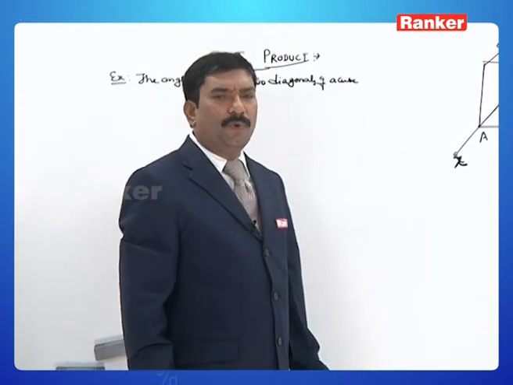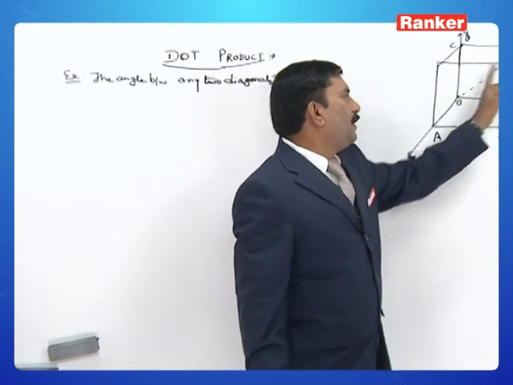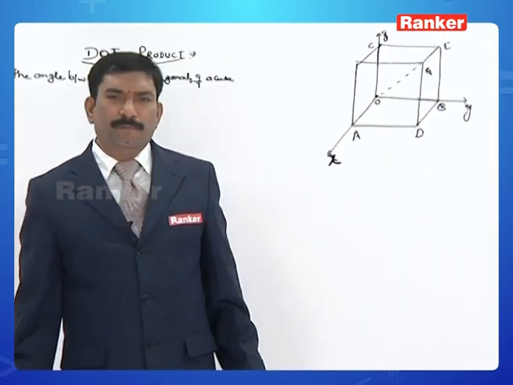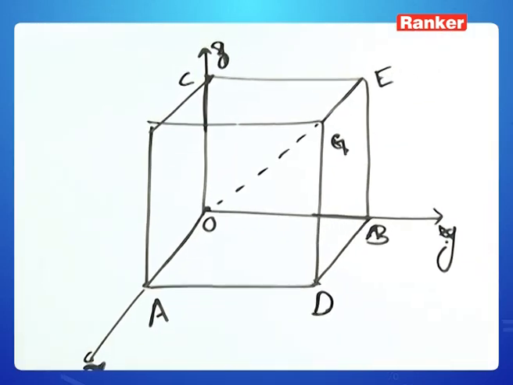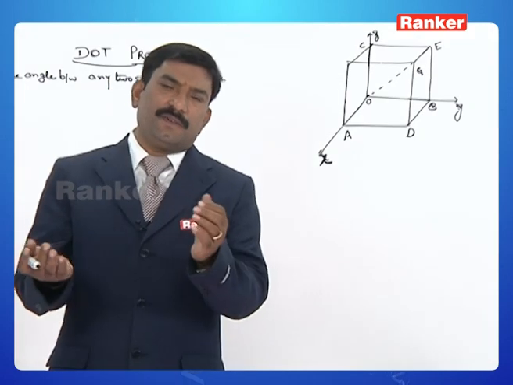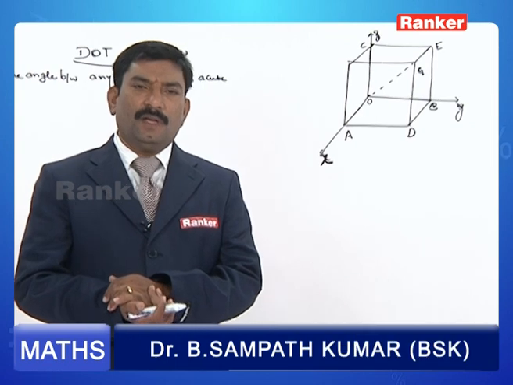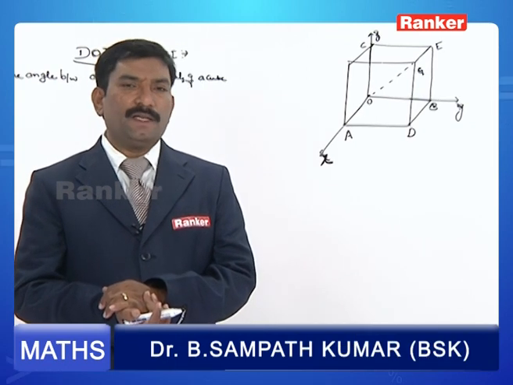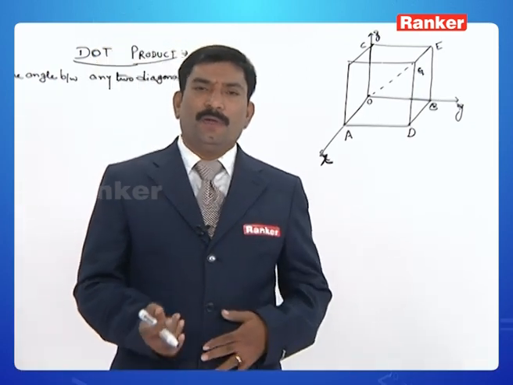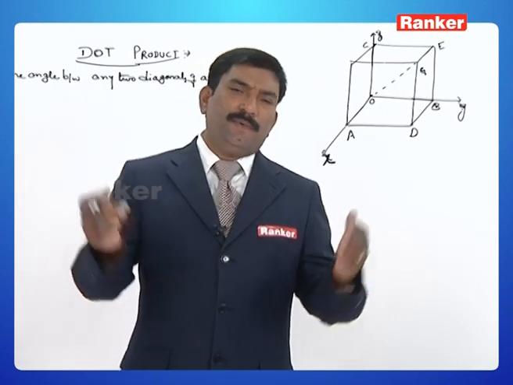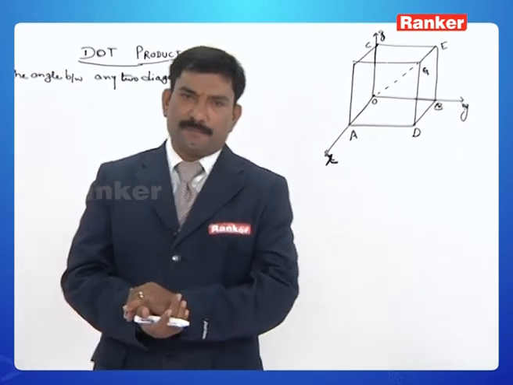Now I take one diagonal as AE and the other diagonal as OZ. Since a cube is a three-dimensional 3D figure, it is very difficult to show the diagonals with clarity. You have to assume the perception is left to the student.